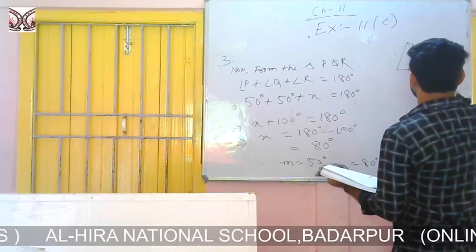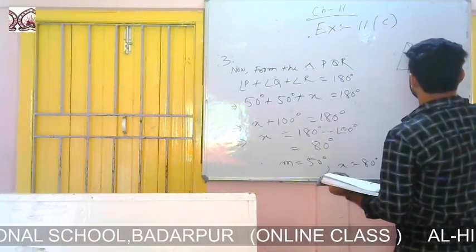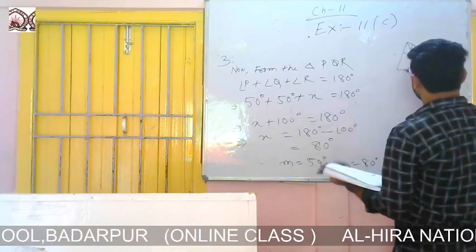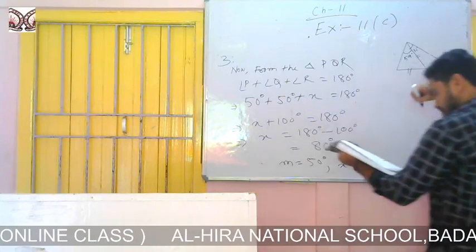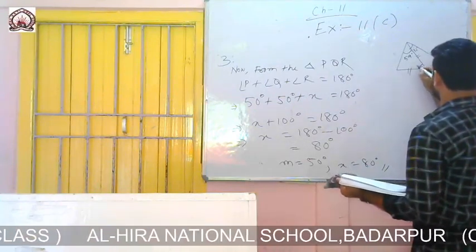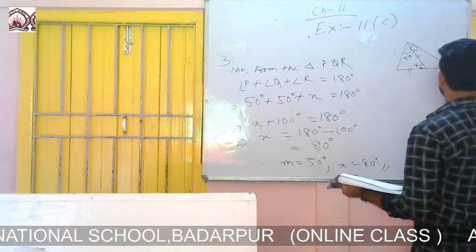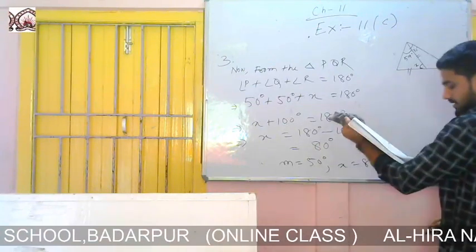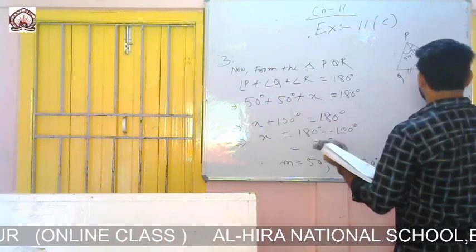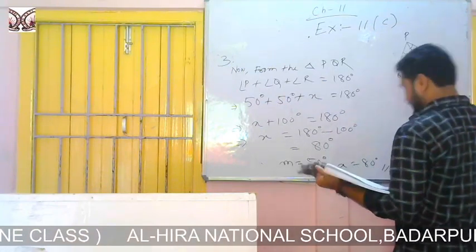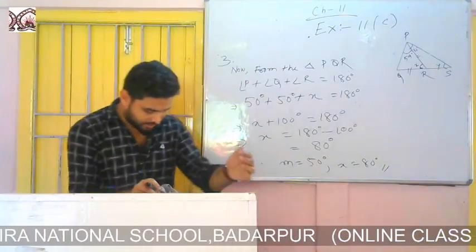The measure of this angle is 32 degrees, and the measure of this angle is 59 degrees. You have to find the measure of this angle and this angle. And the name of the triangle is PQR. Now you can find. You see how to find?